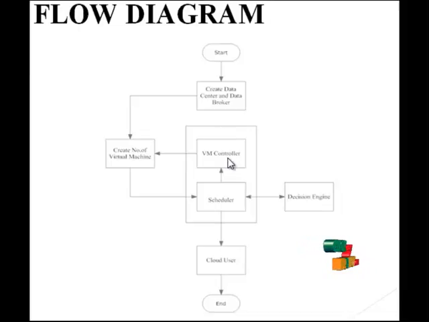The VM controller controls and manages the creation of virtual machines, and the scheduler schedules the jobs for the end user, in which the scheduled jobs and all other information are stored in the decision engine. The decision engine will decide and schedule the jobs to a particular VM. Then finally the resources are allocated to the end user.